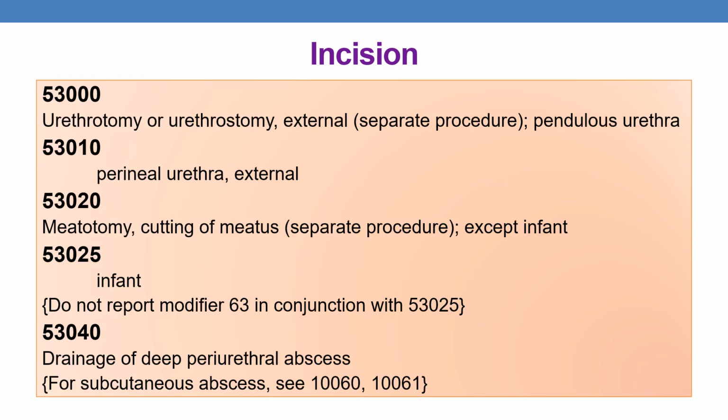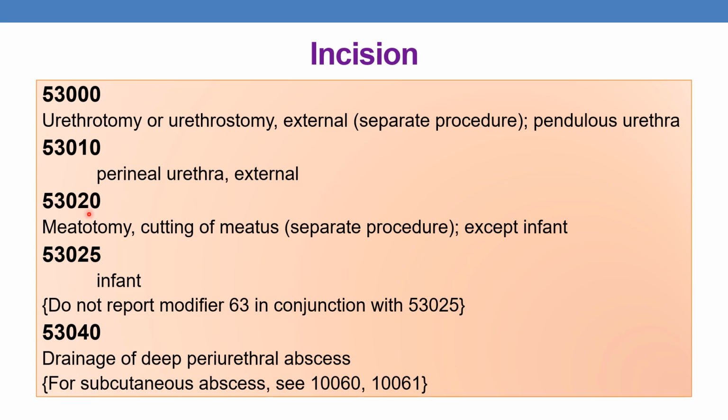Now first of all, coming to incision, the first CPT is 53000, urethrotomy. Otomy means opening. Urethrotomy or urethrostomy, external, pendulous urethra. The next is 53010, urethrotomy or urethrostomy, external, perineal urethra.